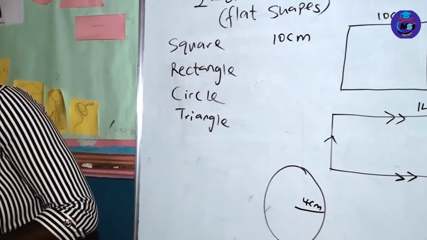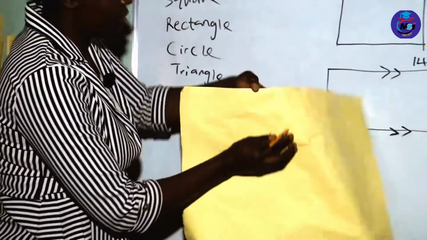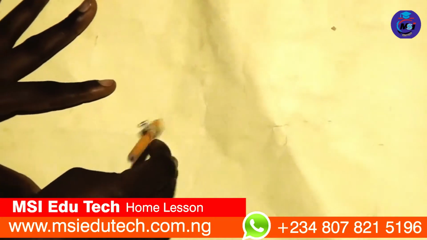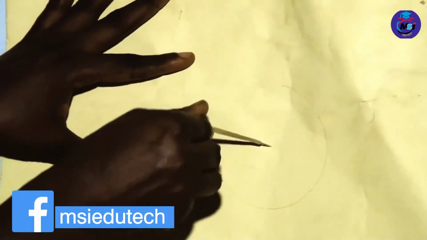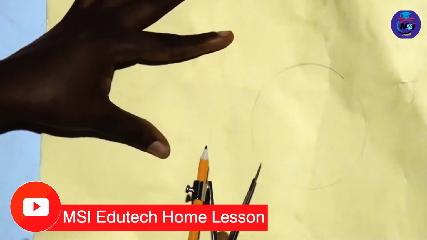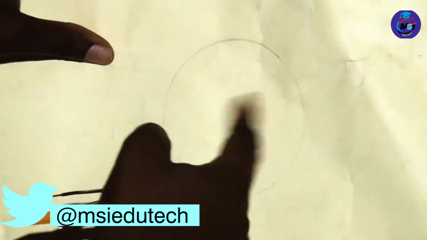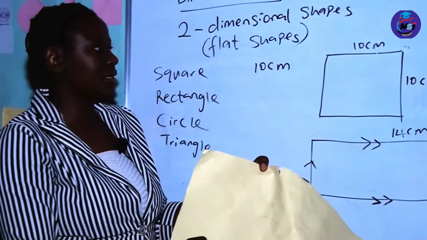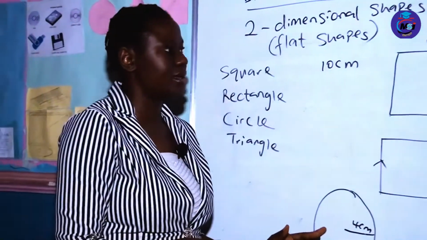I now take my cardboard paper and then get a midpoint and make a round curve. So this is my circle of radius 4 centimeter. I cut off this. So with this, I've shown you how to construct a square, a rectangle, a circle.